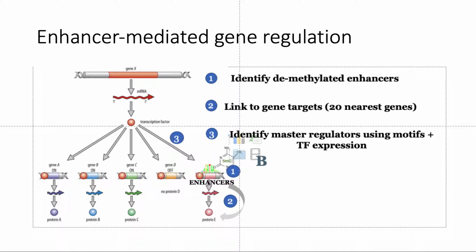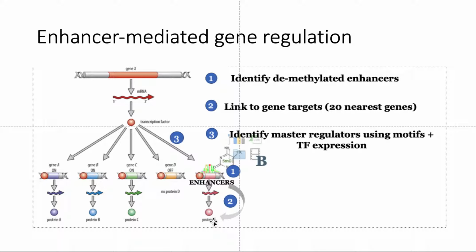You can imagine the addition of a methyl group like a physical block, and by blocking that region, the region is not functional anymore. Now imagine that you remove that methyl group, and now the region is open and it can be active. So a master regulator transcription factor is able to bind to that region and then regulate the expression of a distal gene.